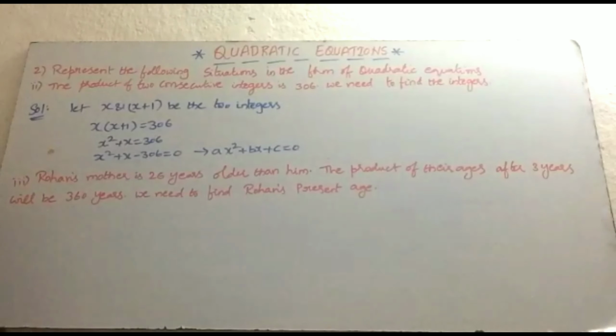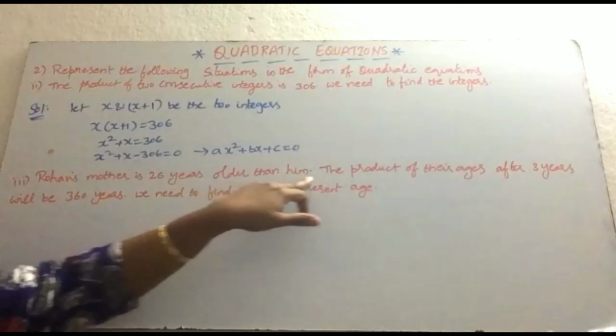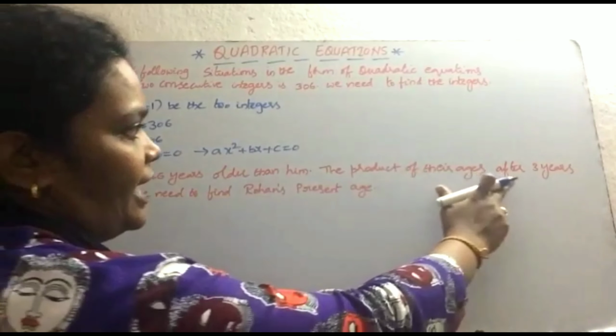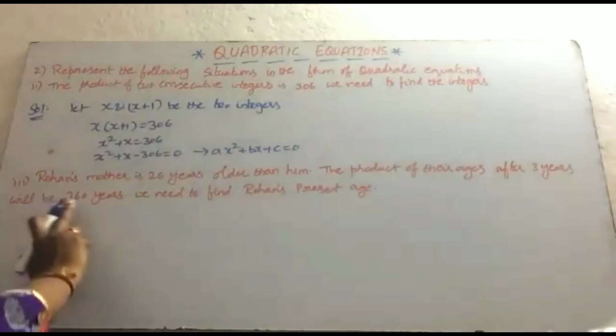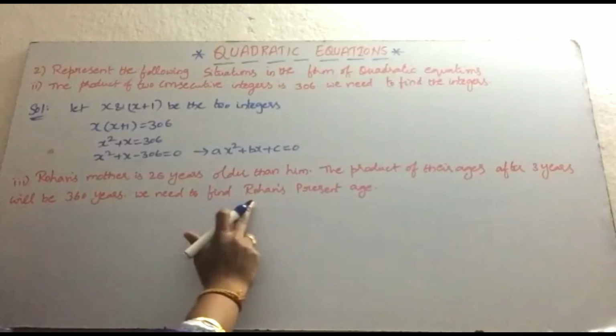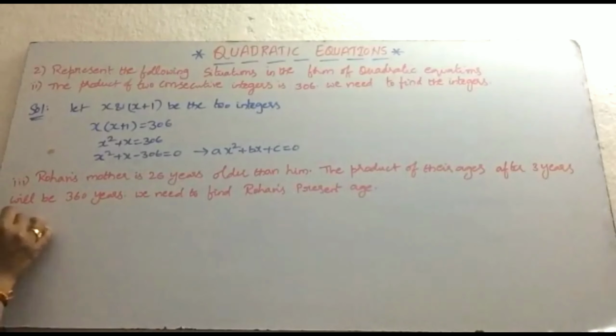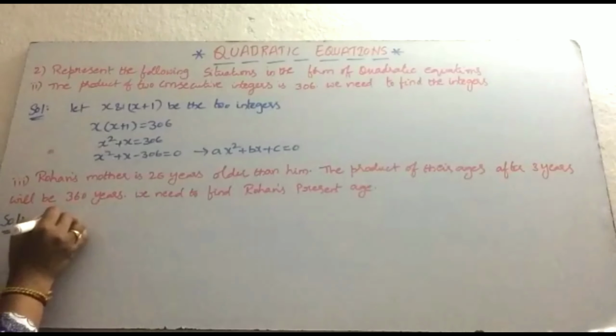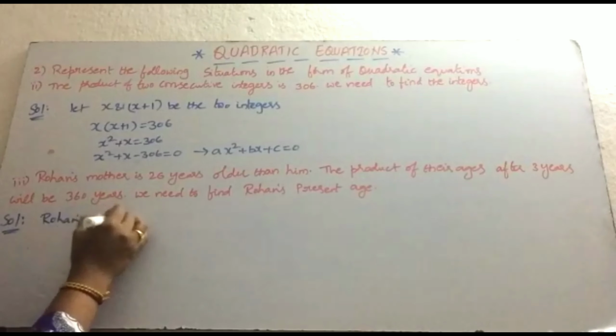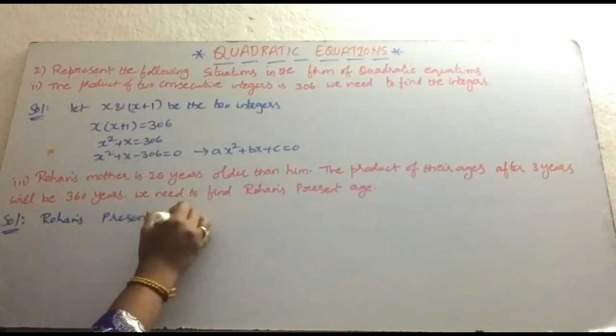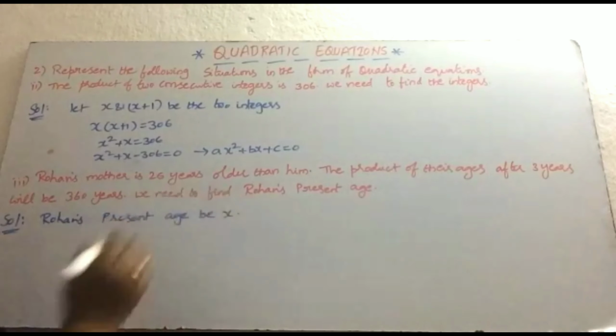And next one: Rohan's mother is 26 years older than him. The product of their ages after 3 years will be 360. We need to find Rohan's present age. First of all, let Rohan's present age be x.